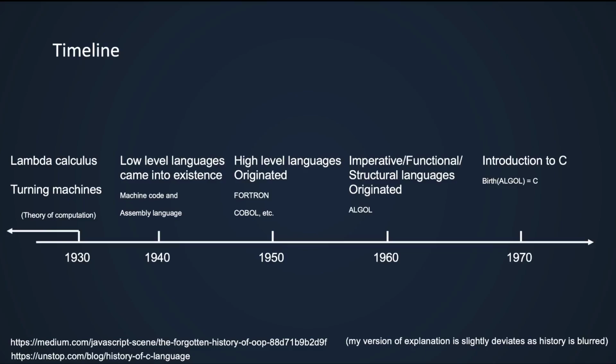Now let us look at the timeline. Theory of computation or Turing machines were investigated prominently until the 1930s. Around the 1930s, it was well established that lambda calculus and Turing machines are convertible most of the time.